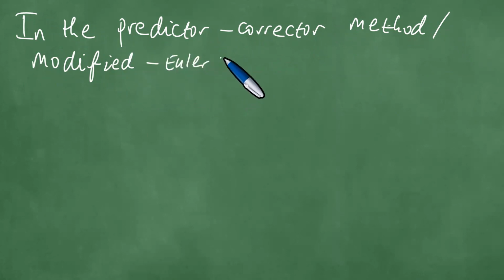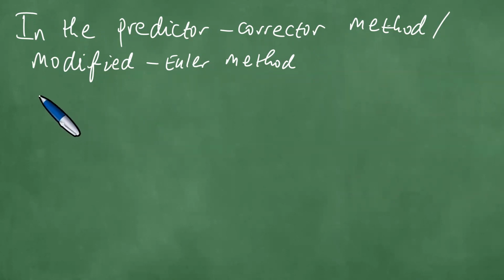The modified Euler has the predictor equation and the corrector equation, so you have two sets of equations.